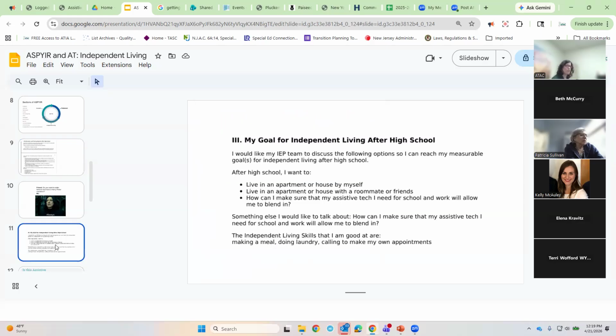So we want to make sure that we remember and remind ourselves and the people we're supporting that these independent living devices and tools can be used throughout different spheres of life: work, school, and the community.